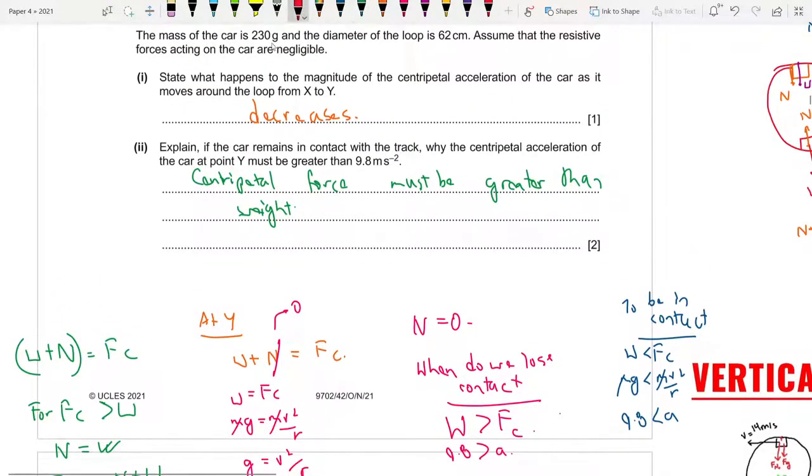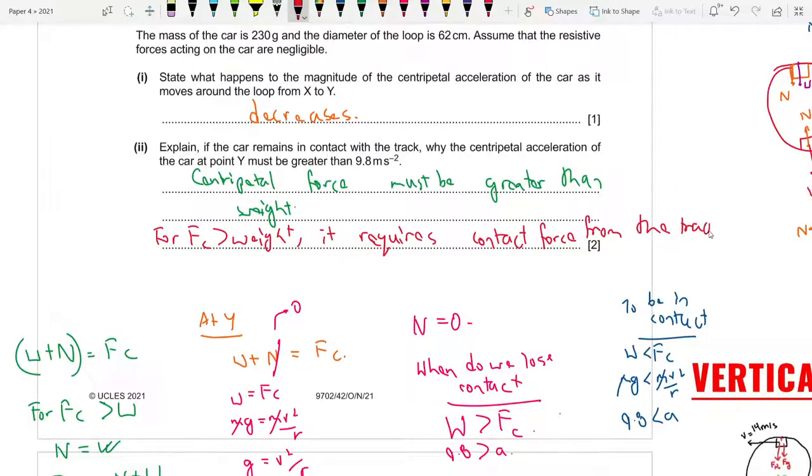The trolley would actually fall down. So for centripetal force to be greater than weight, it requires contact force from the track. So it was quite a complicated answer.